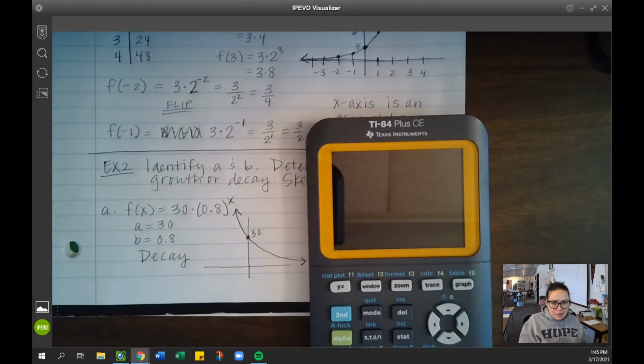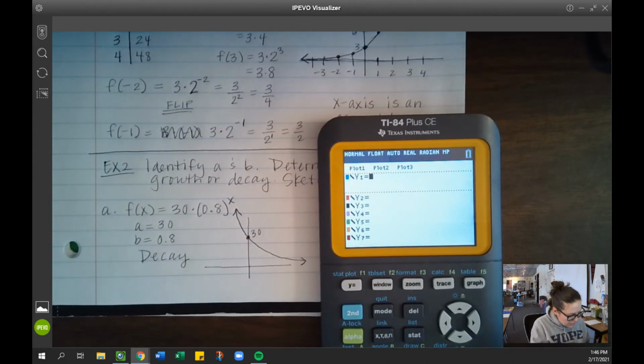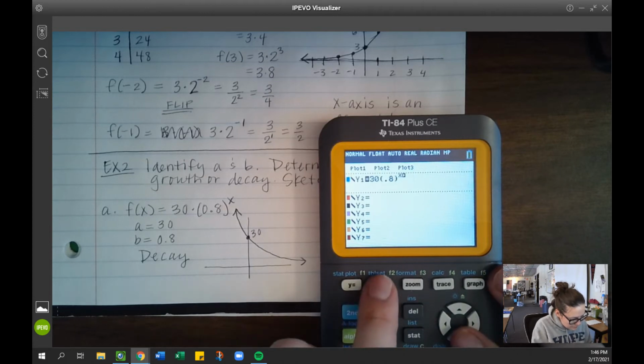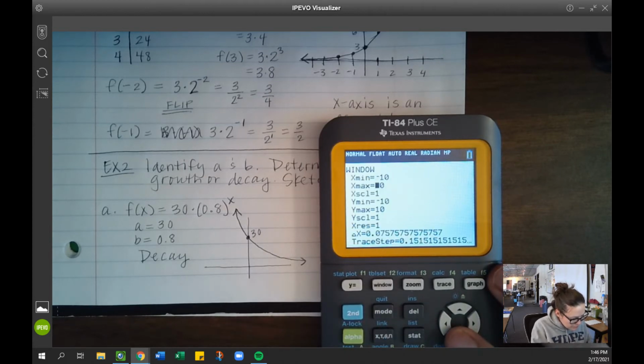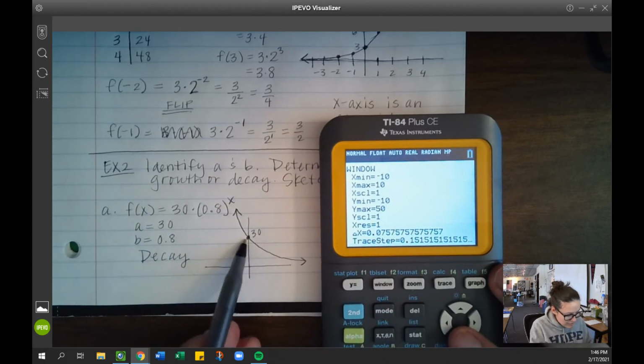Let me just punch this into the calculator too, so you guys can see a different picture of it. 30 times 0.8 to the x. Make sure I have a good window here. I'm going to need my y max to be like 50 because I know I'm going to hit 30.